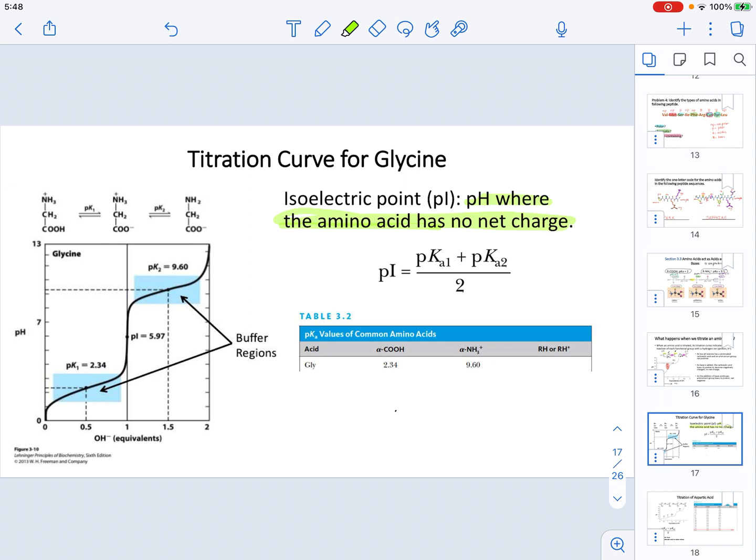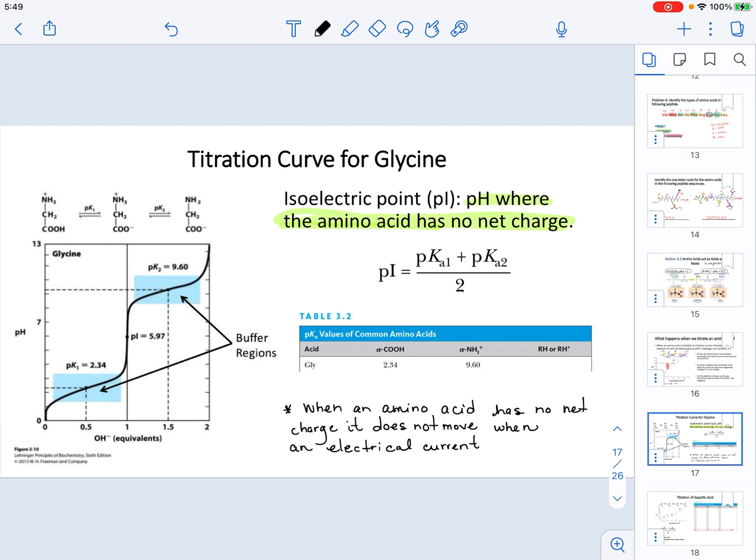And you may be wondering, why is this important? When an amino acid has no net charge, it does not move when an electrical current is present.